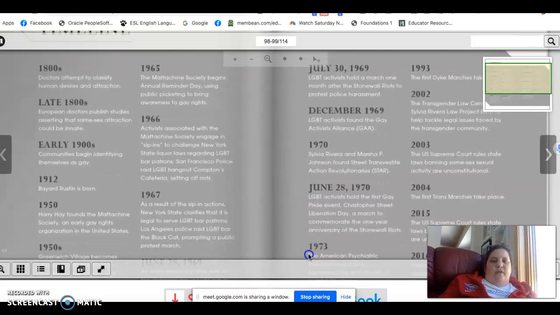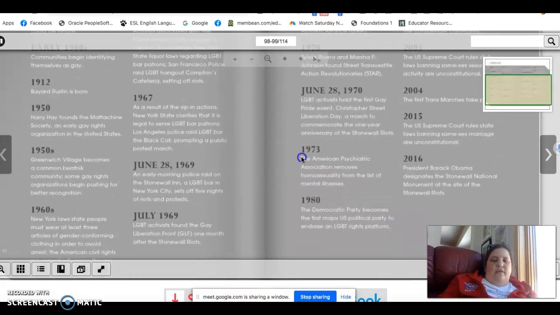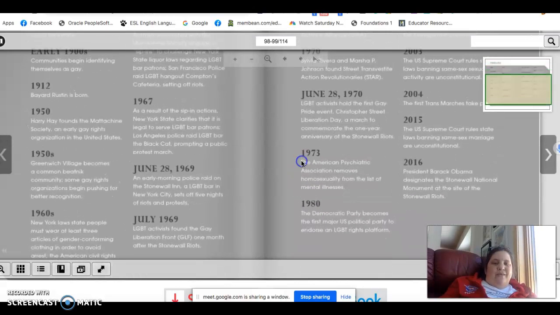Really, LGBT rights weren't even really recognized until the 80s, when the Democrats endorse LGBT rights platform.